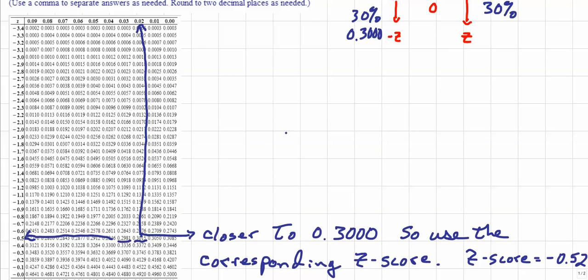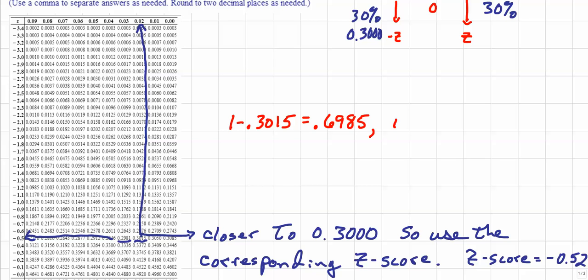Now there's one of two ways to do this next part. I can either go ahead and go to the other page in the normal distribution, or I can simply use the fact that 1 minus 0.3015 would be equal to 0.6985.